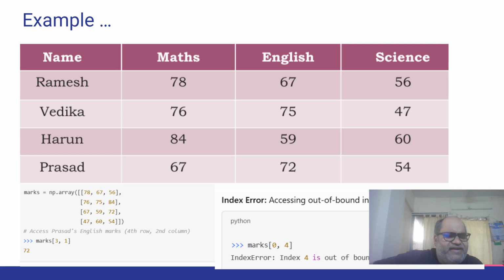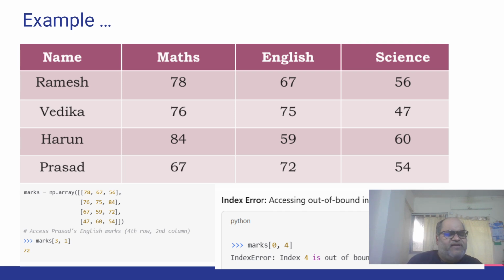So how can we create it? np dot array, and then we have given row-wise data: 78, 67, 56. That is one row. 76, 75, 47. There is some typo, but it doesn't matter. 67, 59, 72, and 47, 60, 54.